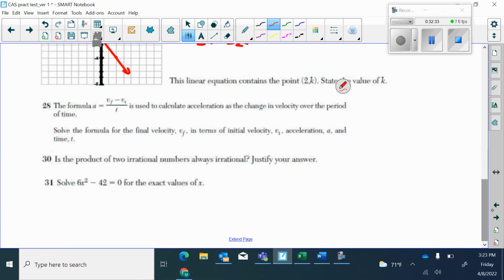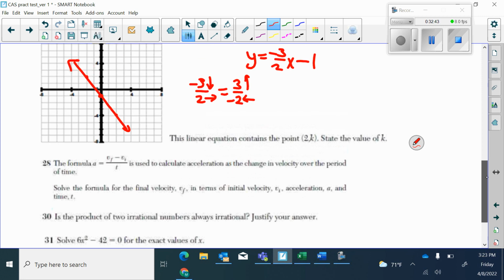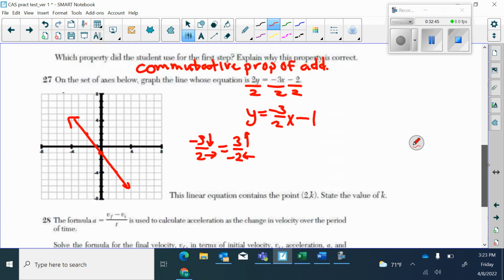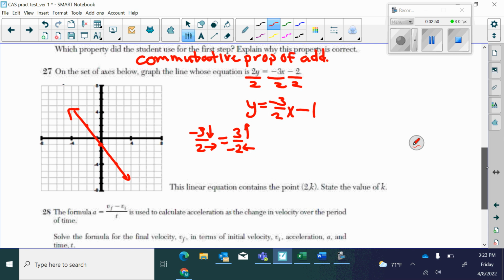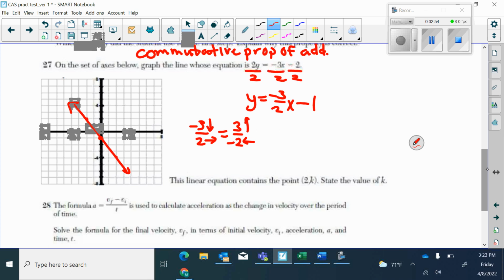The linear equation contains the point 2 comma k. State the value of k. The formula, wait a sec here. Do I have something else I'm missing? Oh, okay, so this goes along with this equation right here.